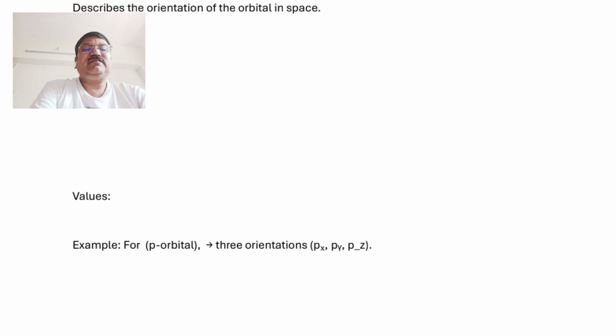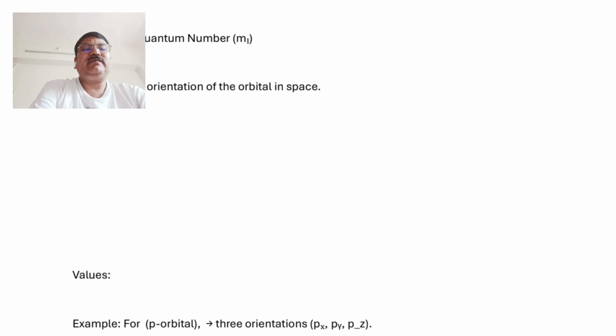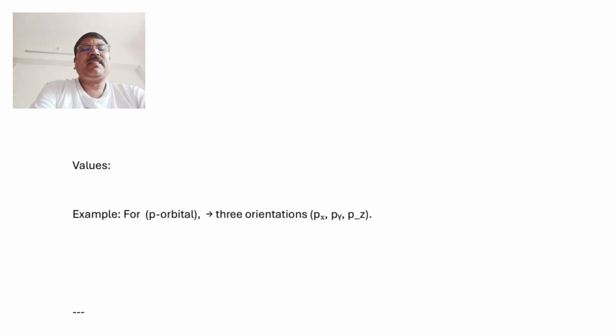Orientation of orbitals in space, in the manner that, for example, we are aware of p orbitals, and these p orbitals have three different orientations. How are these three different orientations? Whenever a p orbital, which no doubt has a dumbbell shape, is oriented on the x-axis, it is called px.